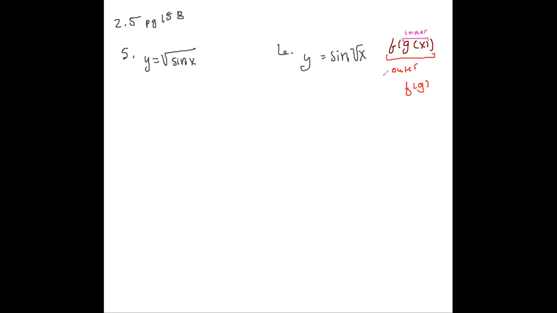That's how I think about breaking down these types of functions, which might be confusing to think about straight out the bat. But once we break down these two functions, I hope it's a little bit clearer. Okay, so for number 5, what would be our inner function, or our outer function? You can think about it either outside in or inside out.